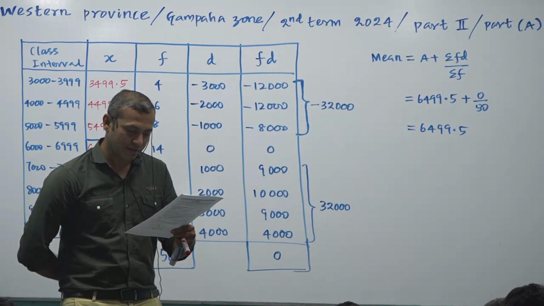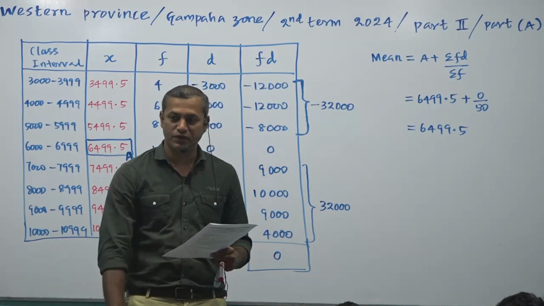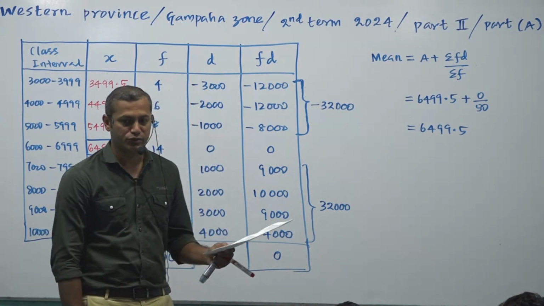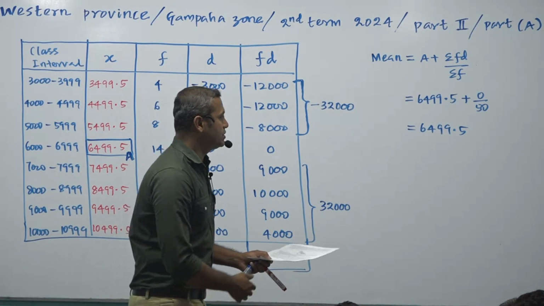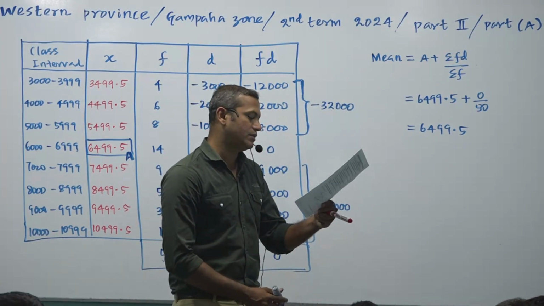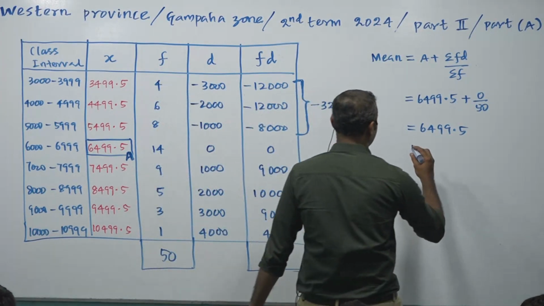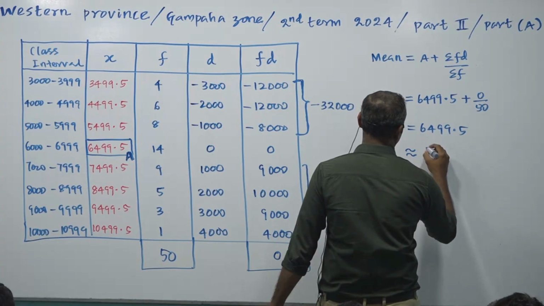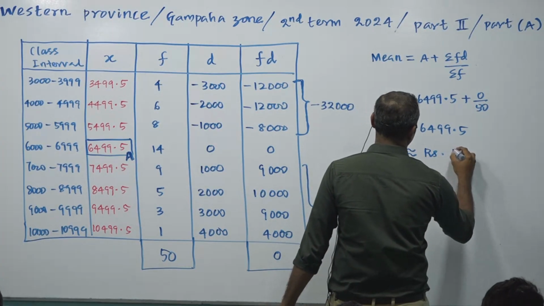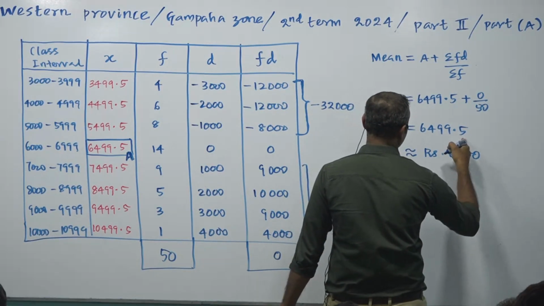This is all about what? Mean value spent on fuel, in rupees, so the unit should be rupees. The question is to round this off to the nearest rupee. Nearest rupee means 6,500. Yes or no? This is 5, so you should add 1 to this.